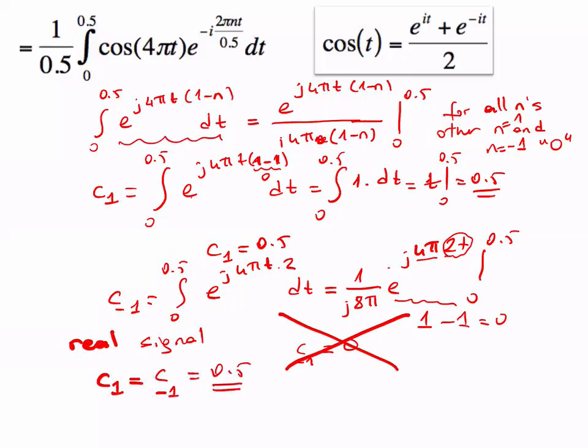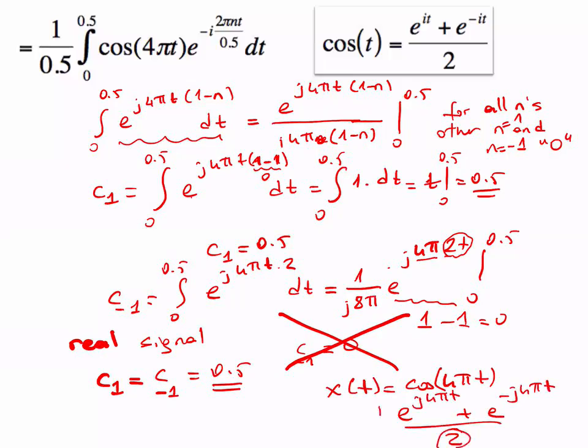Okay, so the critical thing is that if you have a signal x of t, like cosine 4 pi t, and for the fundamental frequency, if you write it like e to the power j 4 pi t plus e to the power minus j 4 pi t, divided by 2, then this divided by 2 is already 1 over 2 here, 1 over 2 here, okay?